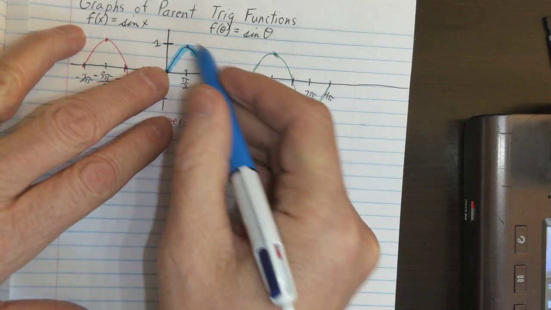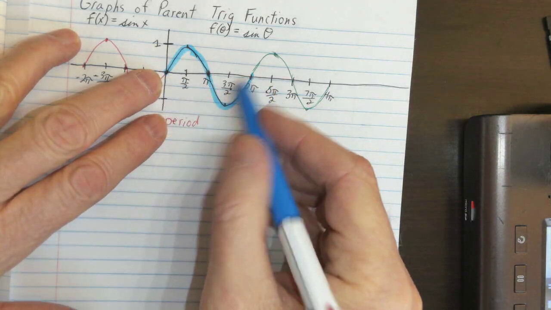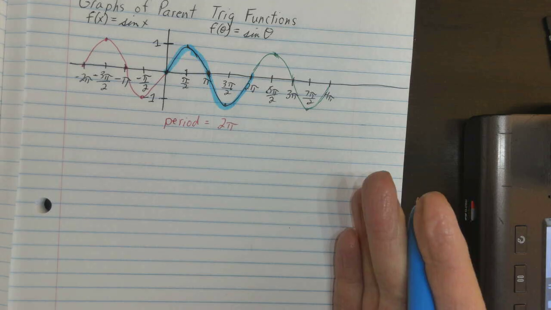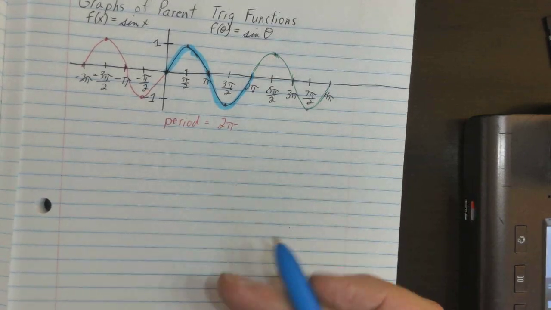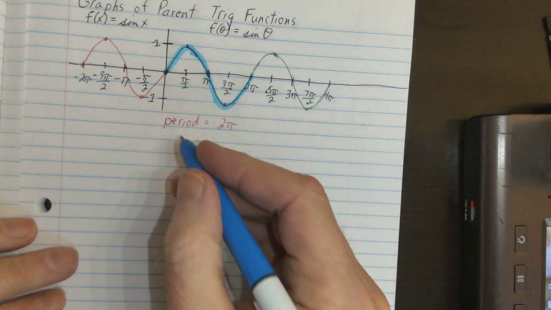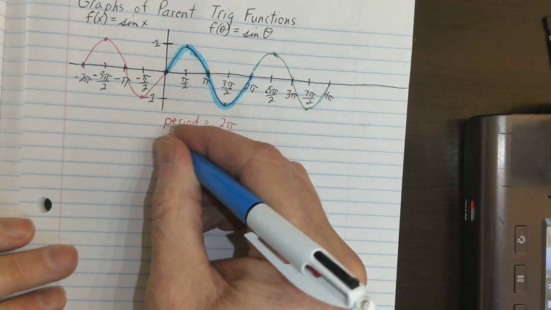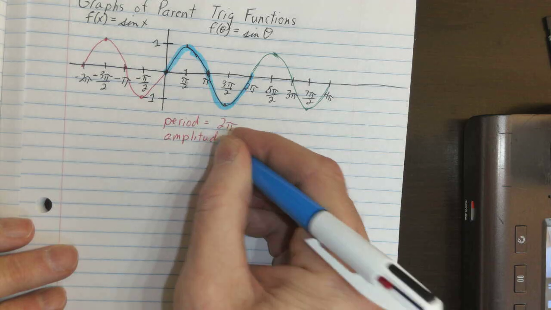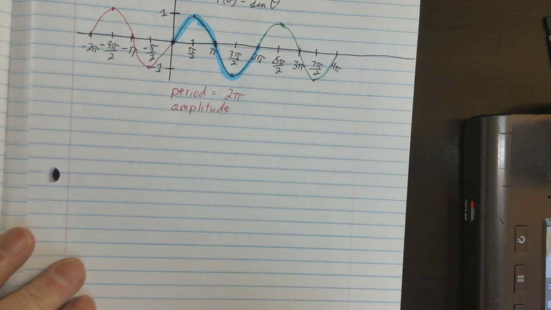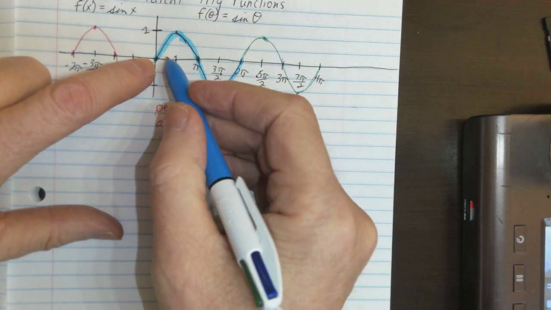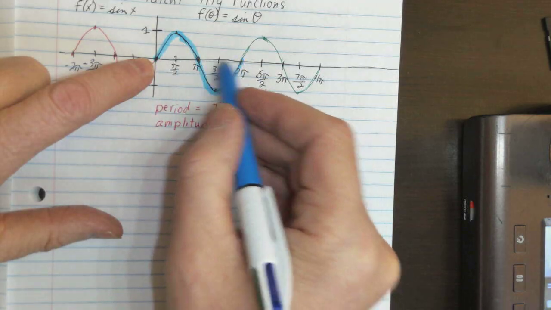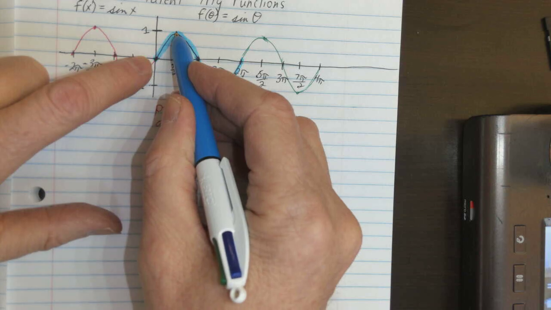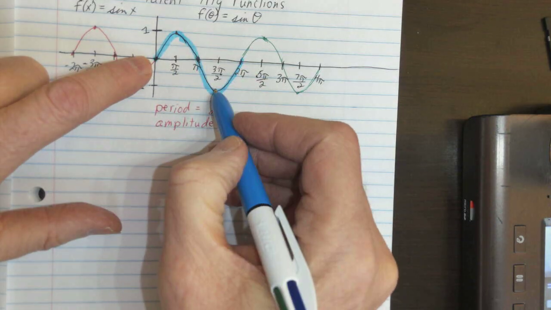Okay. So what I want you to notice is when I talk about period, how long does it take before it starts repeating itself? Well, from 0 to 2 pi, the period is 2 pi units long. Every 2 pi units it repeats itself. The amplitude is another term I want you to have handy. And the amplitude is from the midline of the graph to the peak is 1 unit, or to the bottom is 1 unit.